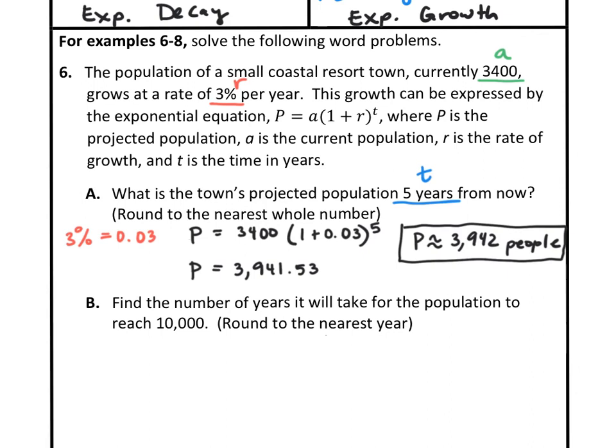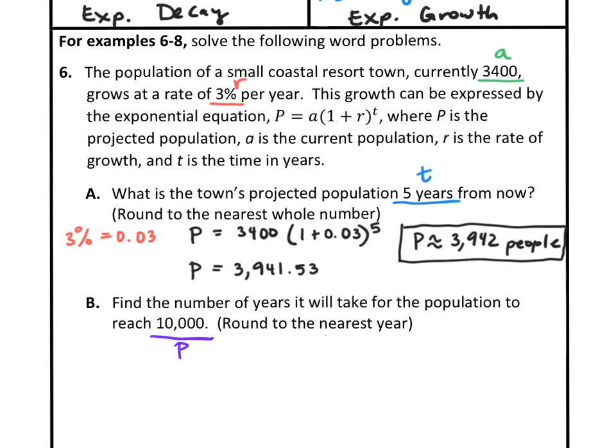Okay. And what I want to identify here in part B is what does the 10,000 represent in my equation? What does the 10,000 represent in my equation for part B now? It actually represents P. Okay?